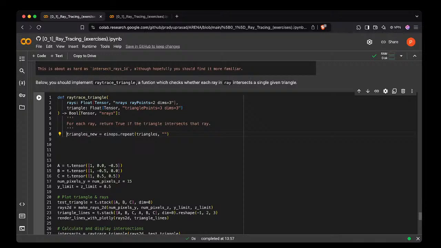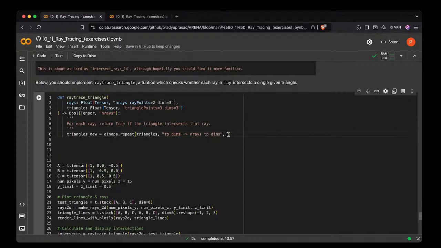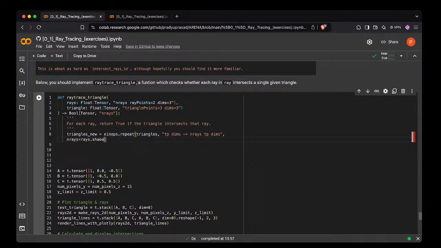Triangles new equals einops dot repeat triangles, which takes in TP dims to n raise TP dims, and n raise equals raise dot shape 0.